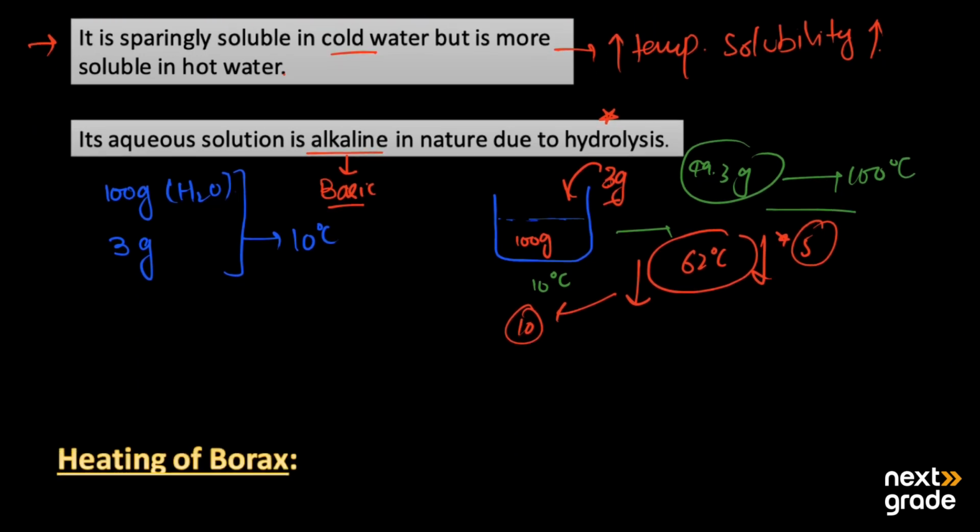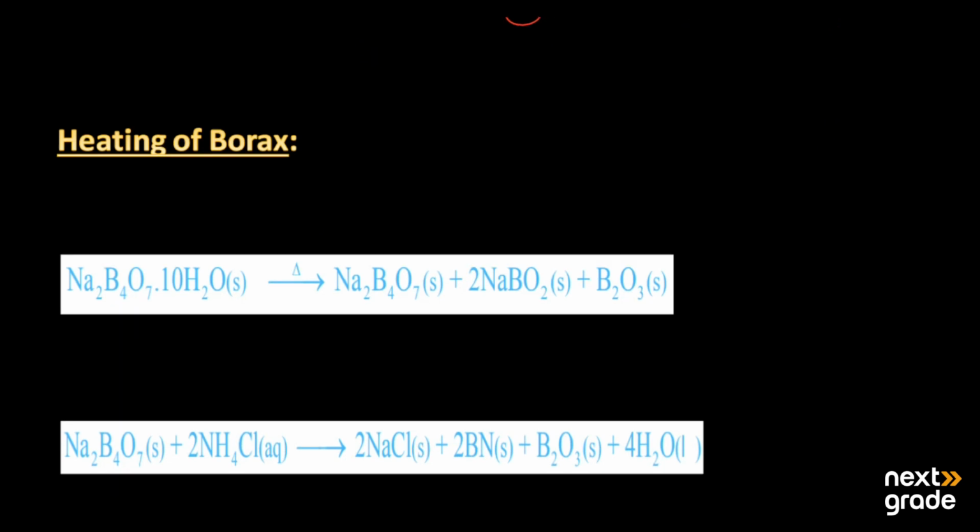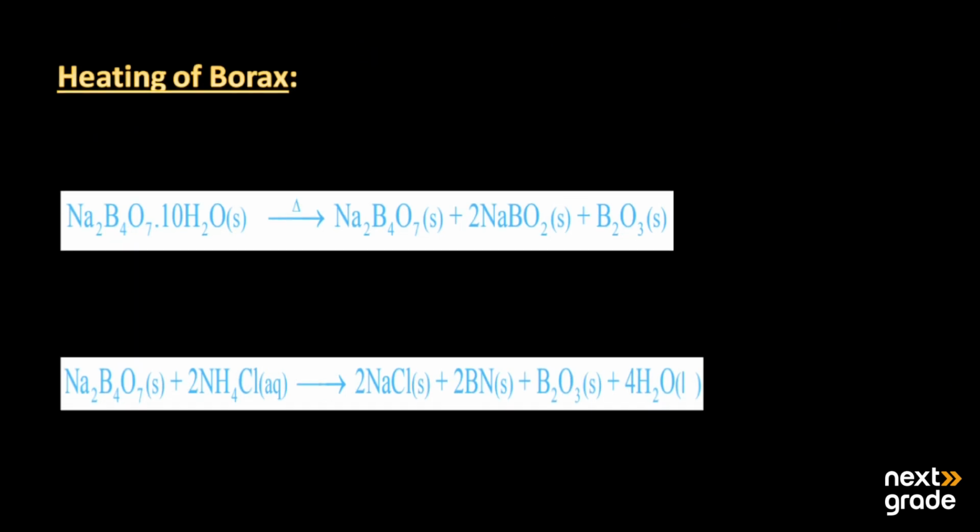Next we have some chemical properties. The first one is heating of borax. When we start to heat borax, what will be the product? Starting from decahydrate borax, when we heat it, we gain borax, sodium metaborate, and B2O3. So we gain these three types of products.